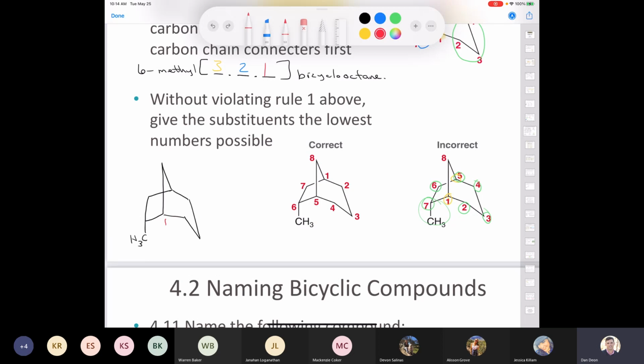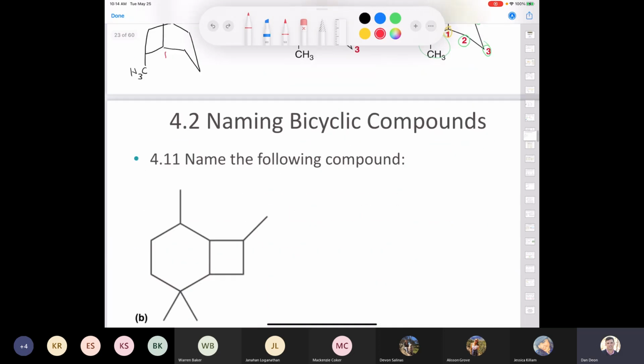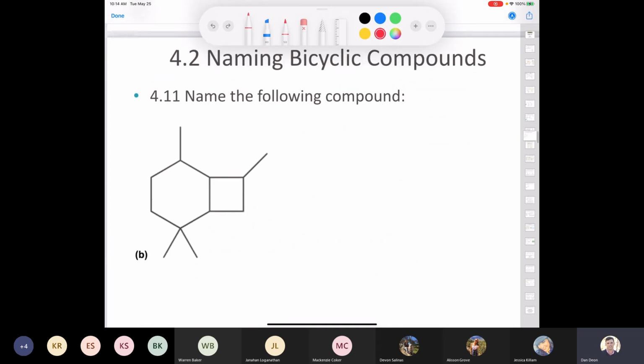All right. With all that in mind, let's see if we can name a bicyclic compound. Let's name a simpler one, maybe. What if we had a 6-membered ring like this, and then I had a bridge like that?